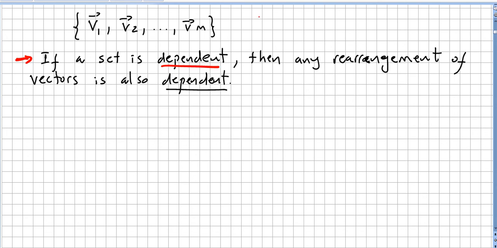So this means that any other set of vectors, like vi1, vi2, up to vim, a rearrangement of the same vectors, I have to stop at m because I have to have the same number of vectors here. So this is a rearrangement of this set. If this one is dependent, then this one will also be dependent.